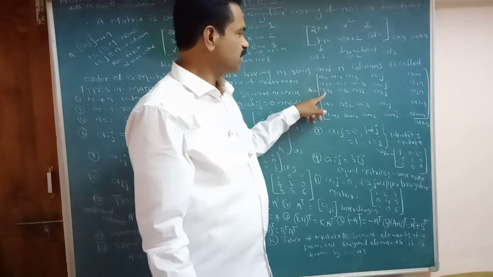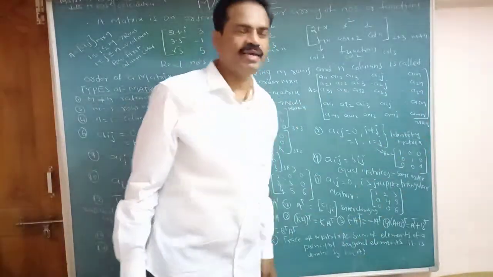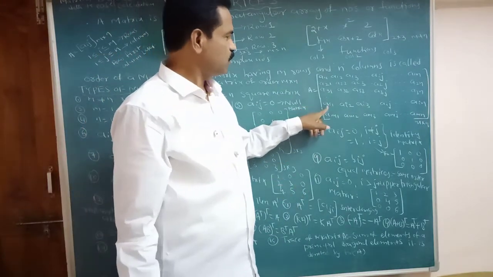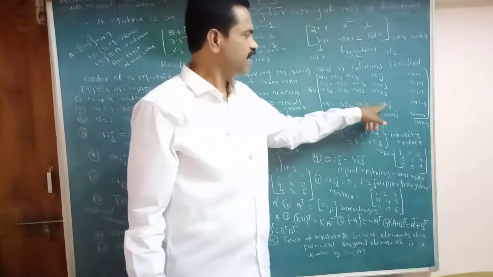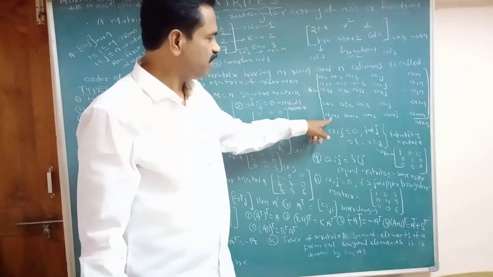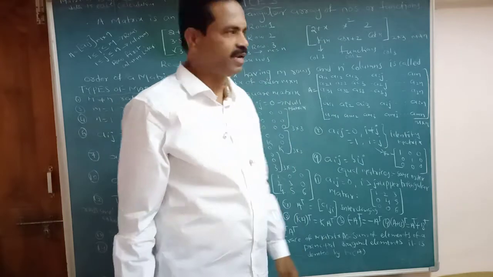Third row A31, A32, A33, A3j, so on, A3N. Next the i-th row: Ai1, Ai2, Ai3, Aij, so on, AiN. Here the M-th row: AM1, AM2, AM3, AMj, so on, AMN.